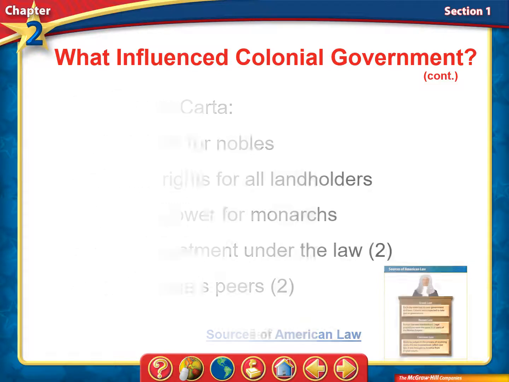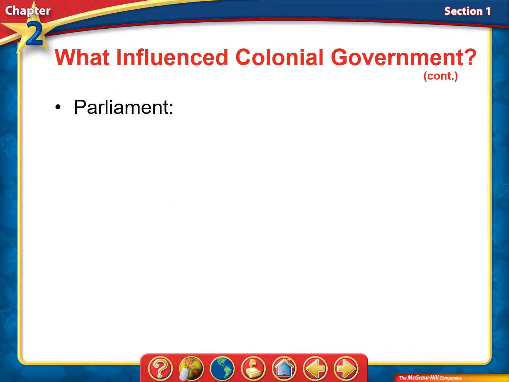Now, this also established Parliament as the legislature. The legislature is a group of people that makes the laws. Whereas previously kings had ruled by decree, they could make a law, poof, and it's the law.